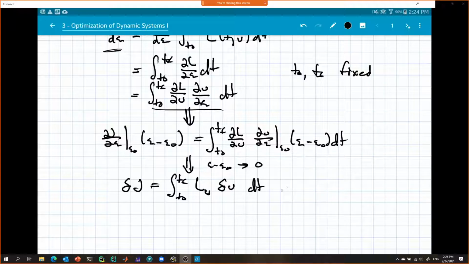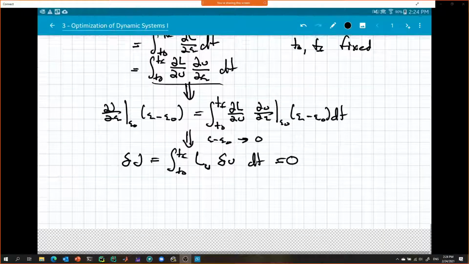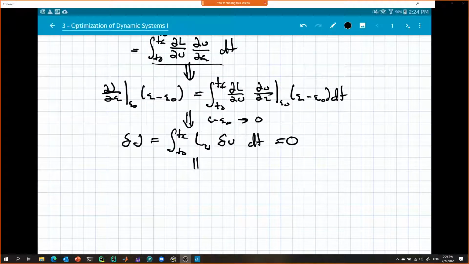Once again, we want this to equal 0. As a result, for any delta u, since this can be anything, our necessary condition is that L sub u is equal to 0.